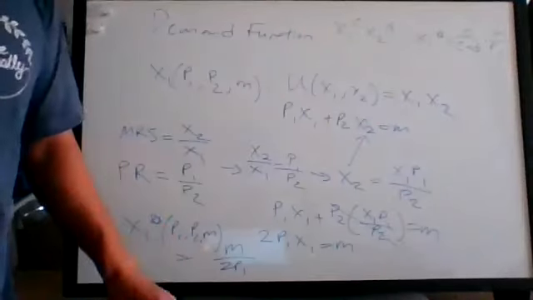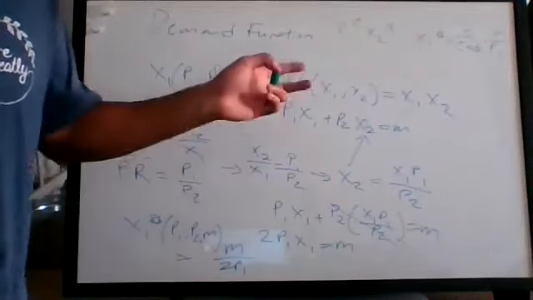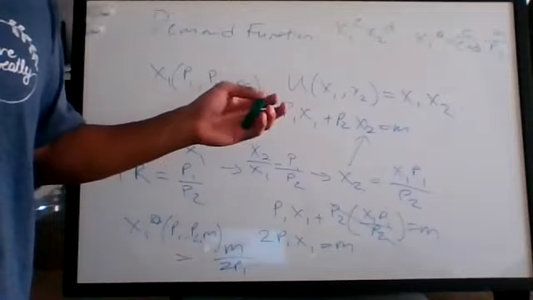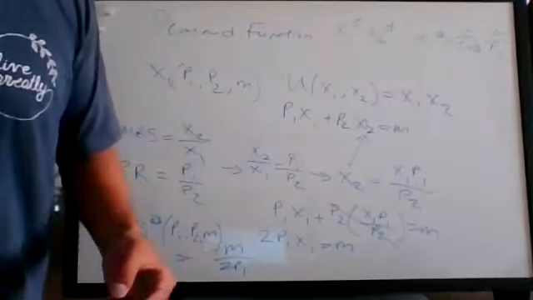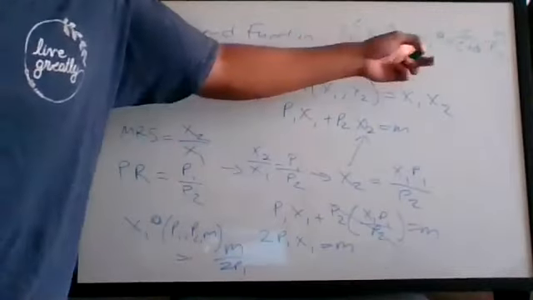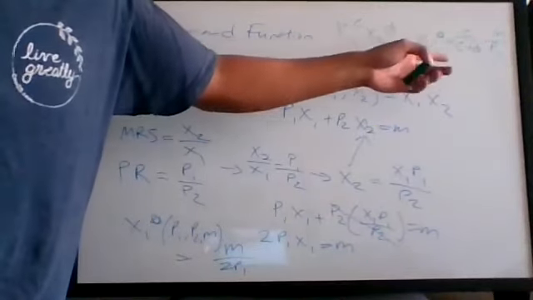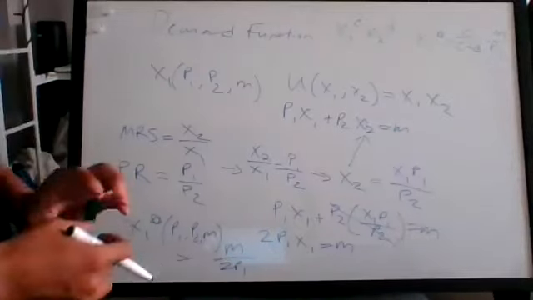This is probably in your textbook and notes, but it's interesting to remember because it's kind of like a shortcut, where right away you know how much x1 is going to be, right?